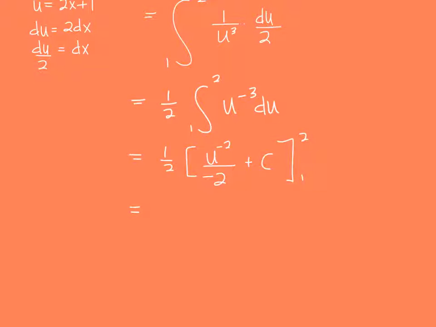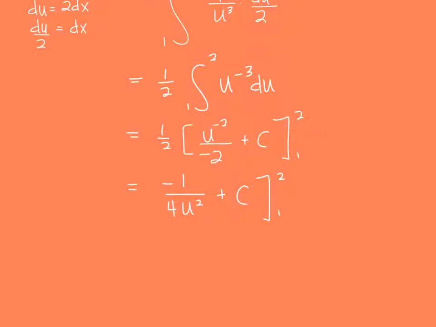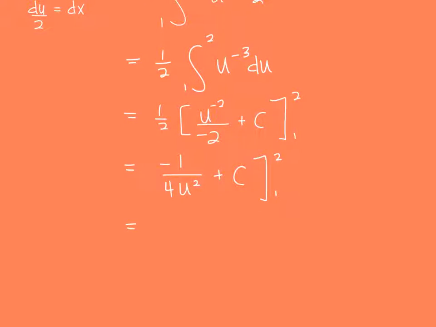So this would be negative 1 over 4u squared plus the constant c from 1 to 2. And I don't have to go back. So I can have negative 1 over 4 times 2 squared minus negative 1 over 4 times 1 squared.